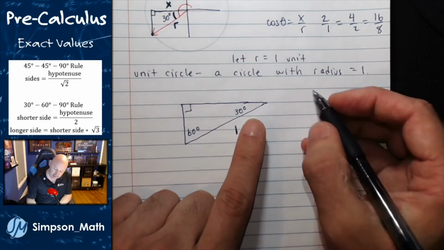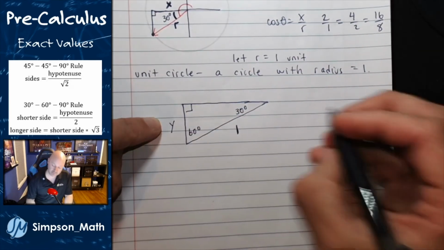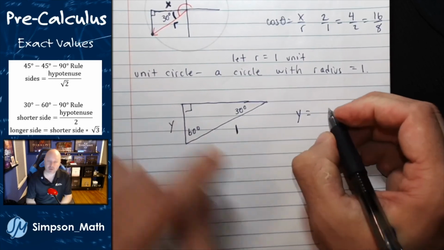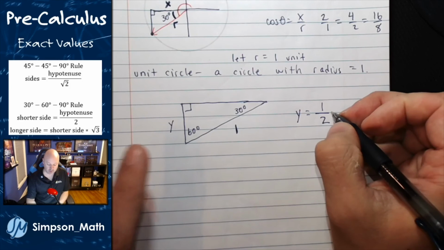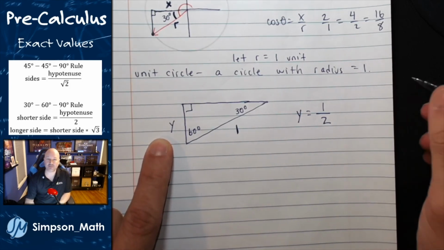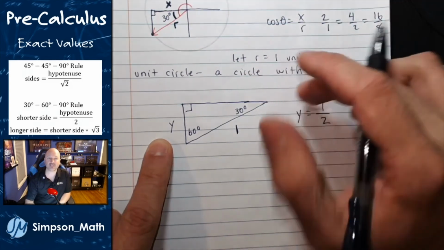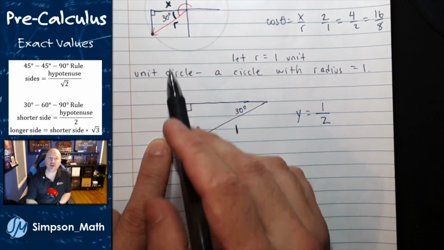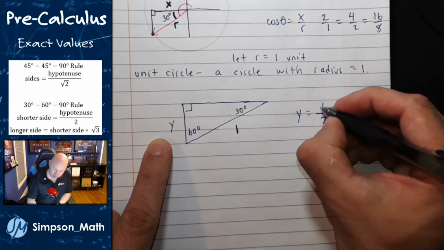The rule says the shorter side length, the one I want to call y, is always equal to the hypotenuse divided by 2. So this y value is a half. The length of it is 1/2. Now remember, all students take calculus. This is in quadrant 3, so that y value is a negative 1/2.